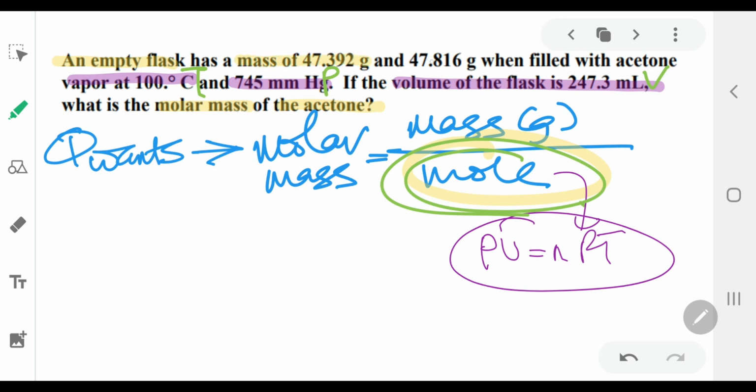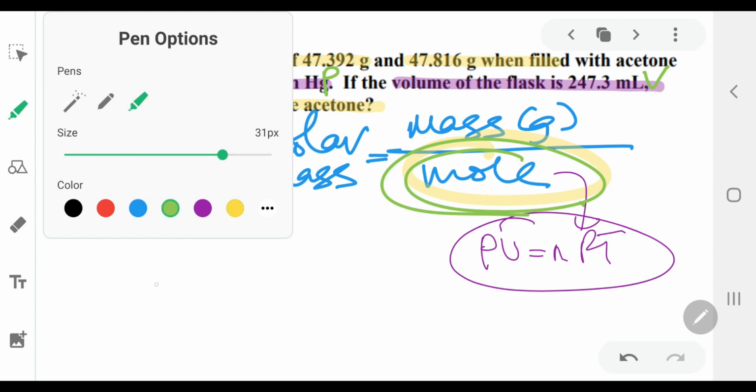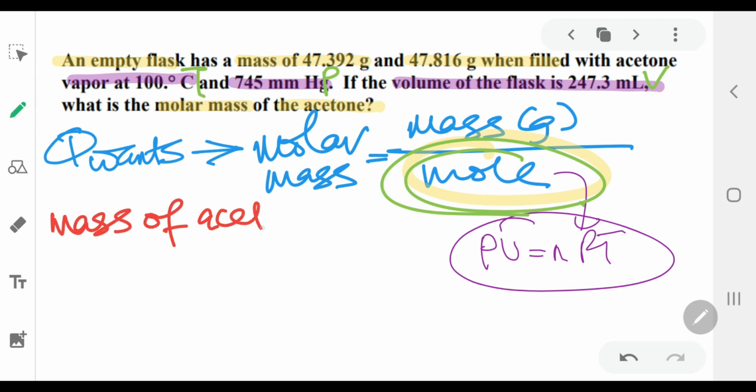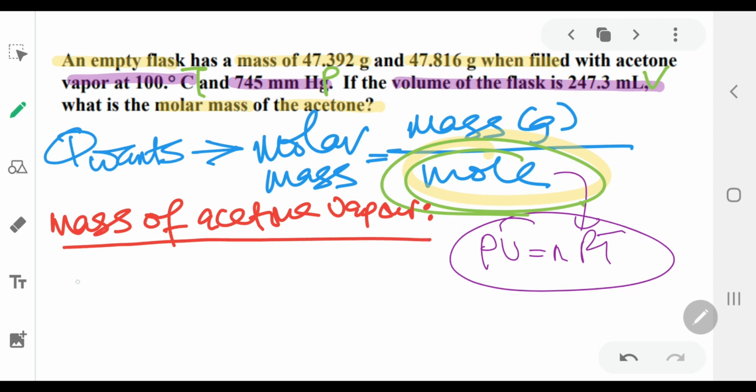When you fill that with acetone, the mass will increase. So the mass of the acetone vapor, how do you get that?